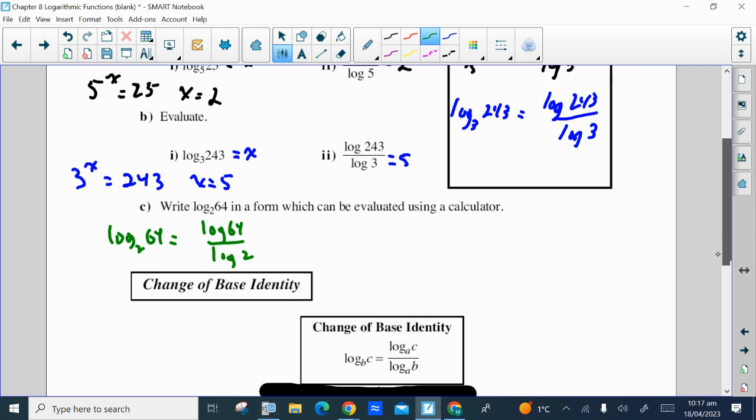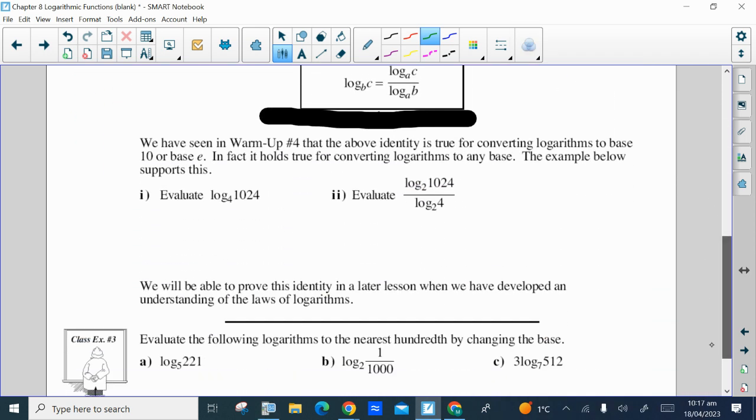All right? So we're asked to evaluate log base 4 of 1024. So this can be done 2 different ways now on your calculator. The first way would be using the change of base identity, which would be the log of 1024 divided by the log of 4. Note, whatever the base is, base 4, the log of that goes on the bottom. The argument, what you're taking the log of, goes on the top.